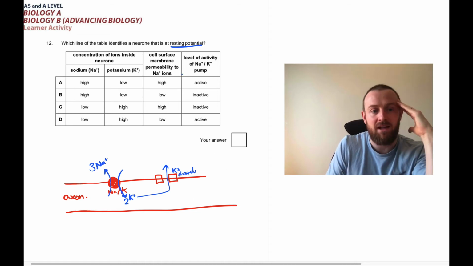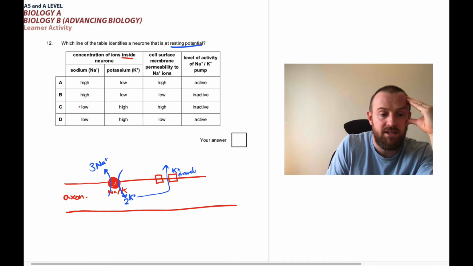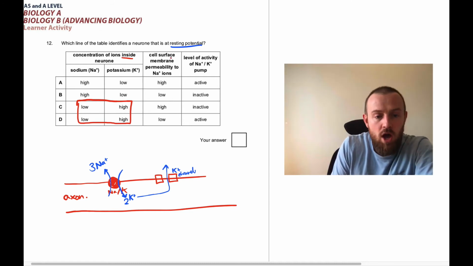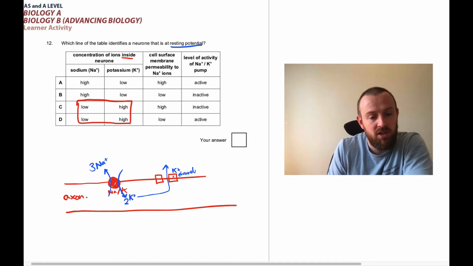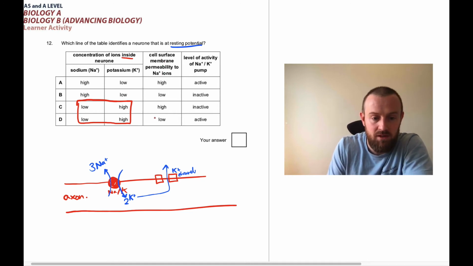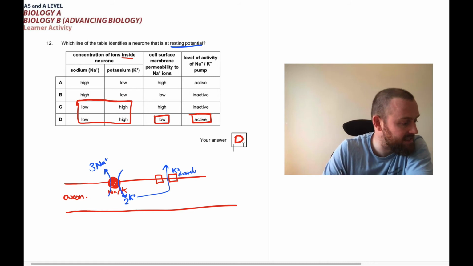So what would we expect at resting potential? We'd expect low sodium and high potassium inside the neuron. What about the permeability? Well, it's quite permeable to K+, but not very permeable to Na+. And the sodium-potassium pump is constantly working. So the answer for 12 is D.